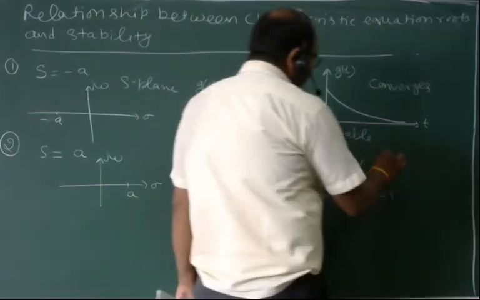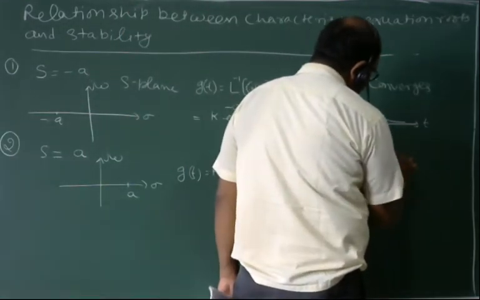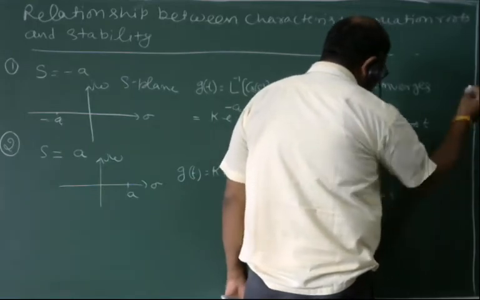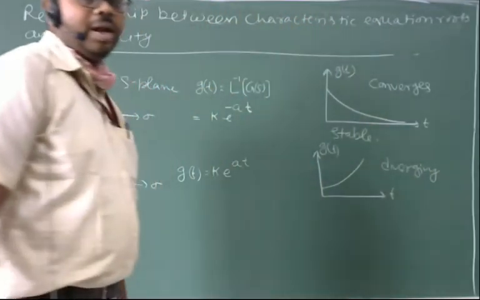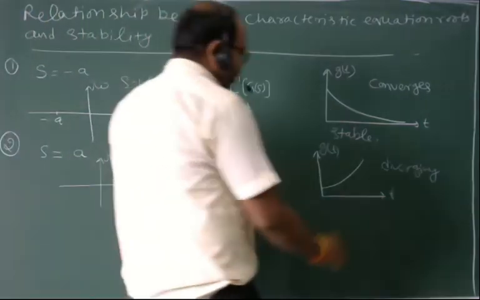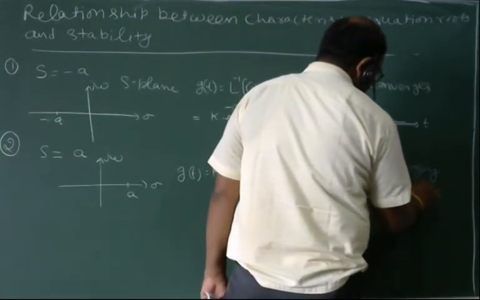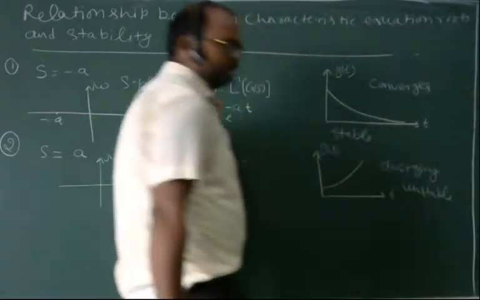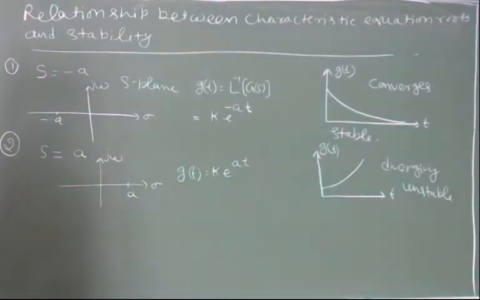It means the graph is diverging, and therefore the system is unstable.